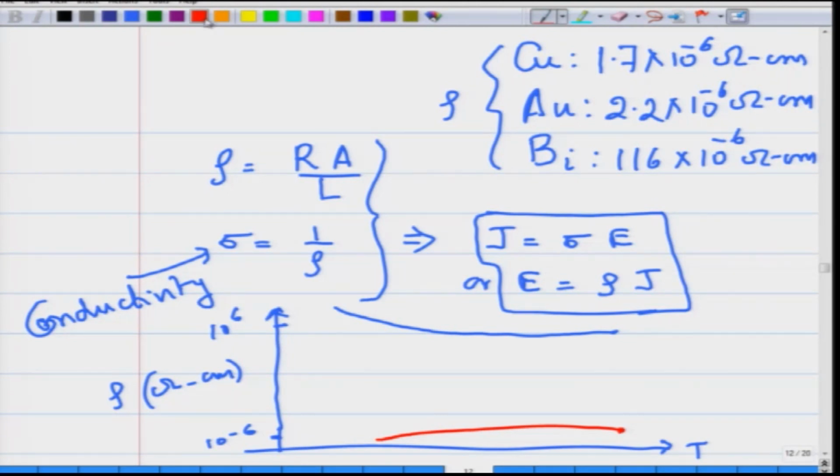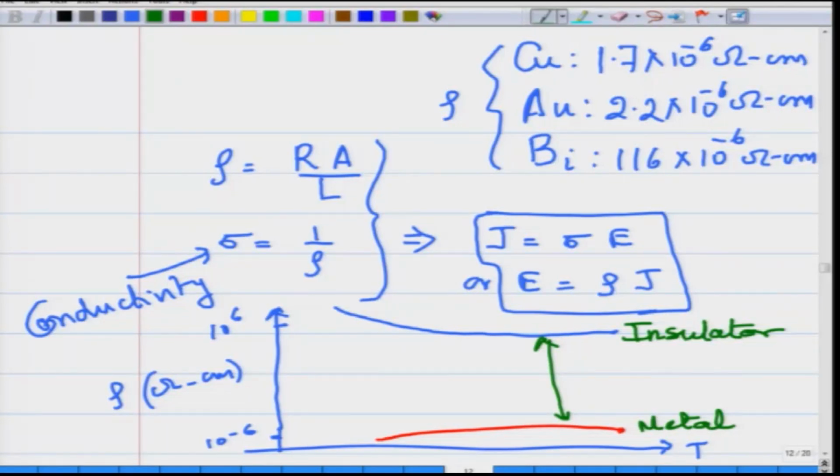So, you have things like an insulator and you have things like a metal, and there is a huge difference between the resistivity.